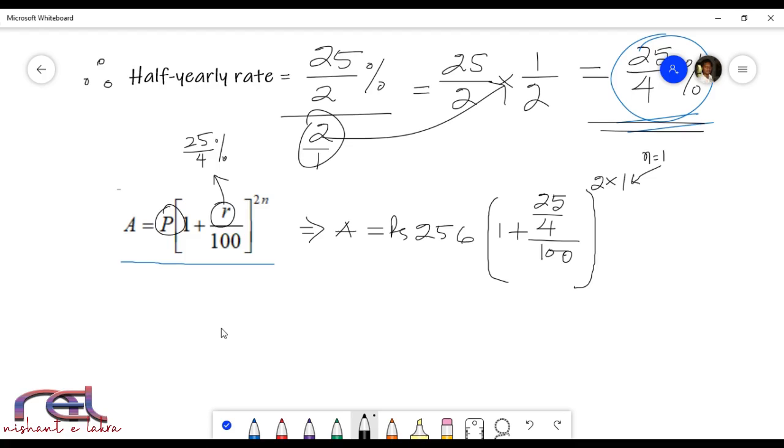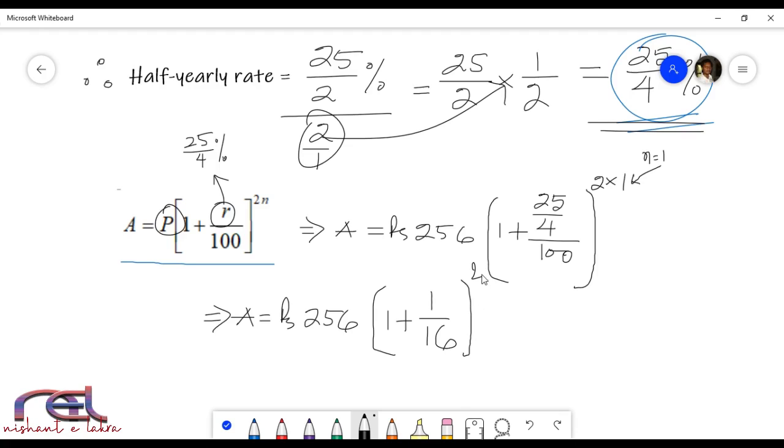When we solve it further, amount is equal to rupees 256, 1 plus 1 by 16, that is what we'll be getting, to the power 2.